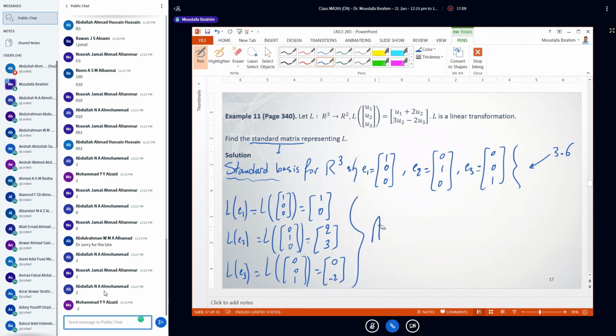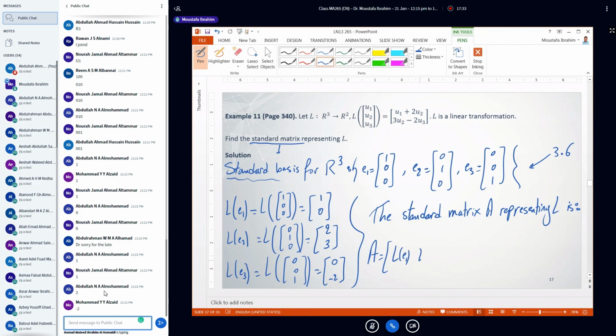So the standard matrix A representing L is A equal LE1, LE2, LE3, and we substitute.